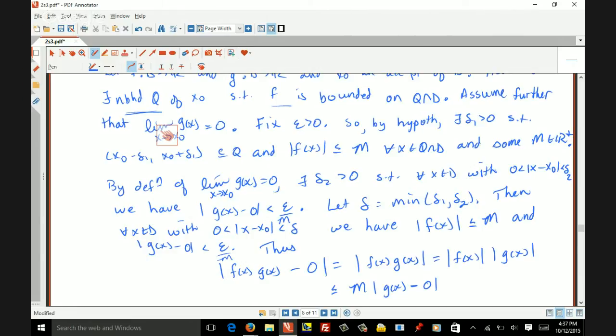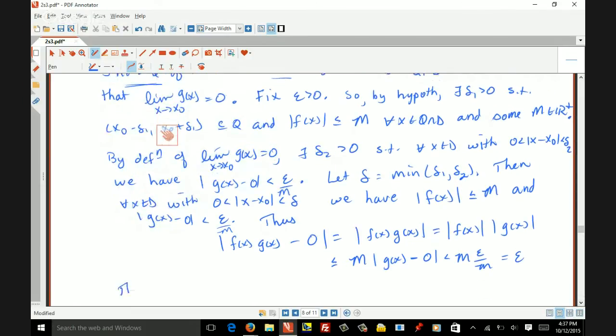That was the other one. So there's our epsilon over m. So then that's less than m epsilon over m, which is equal to epsilon. What's your conclusion? F times g goes to 0. I know, it's gone.